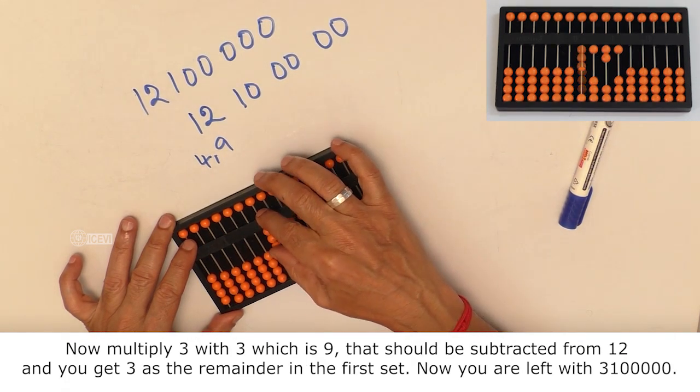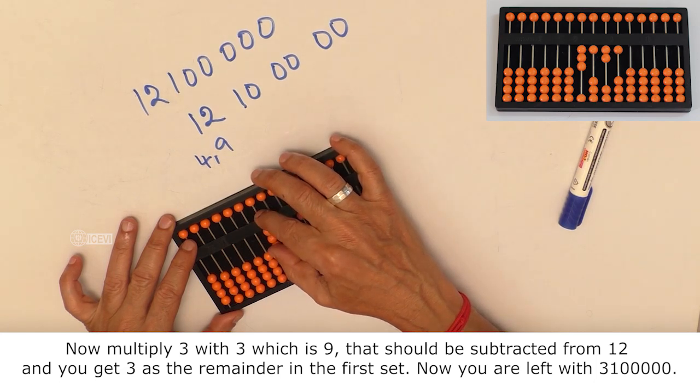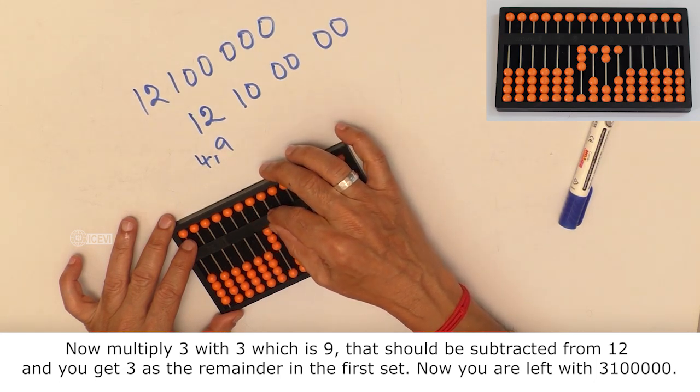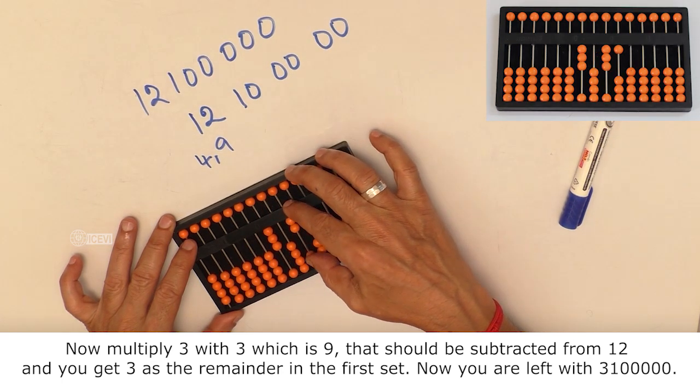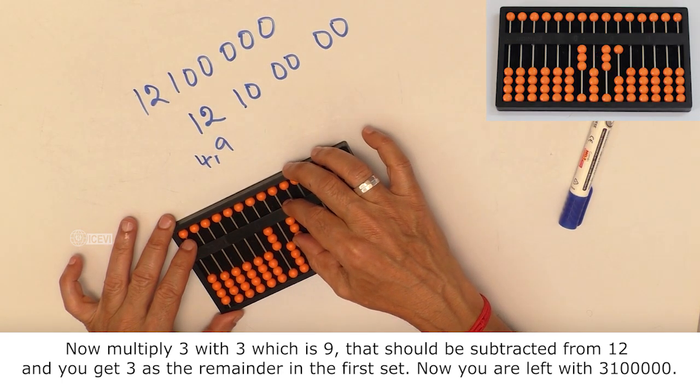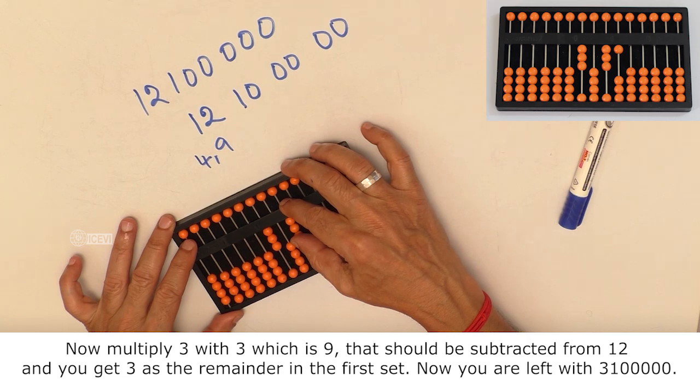Now multiply 3 with 3, which is 9. That should be subtracted from 12 and you get 3 as the remainder in the first set. Now you are left with 3,100,000.